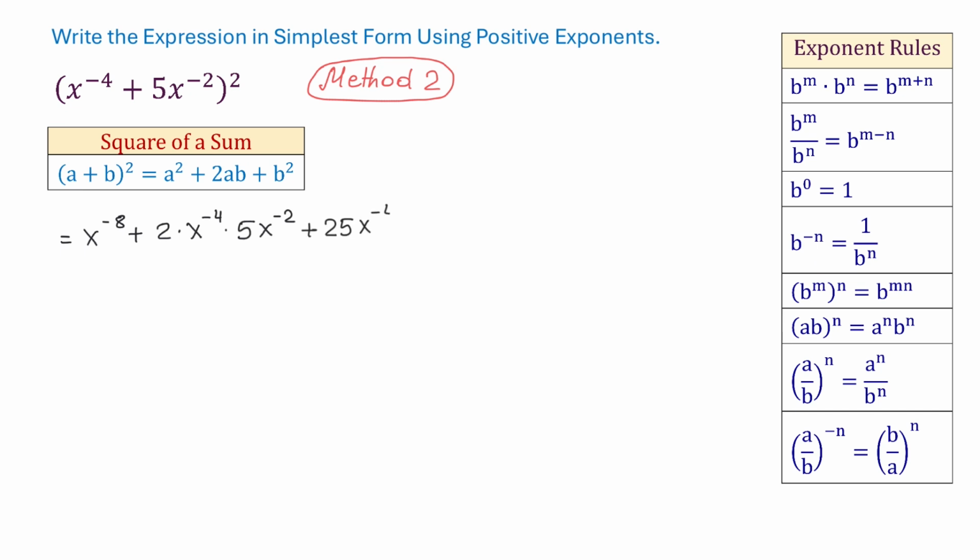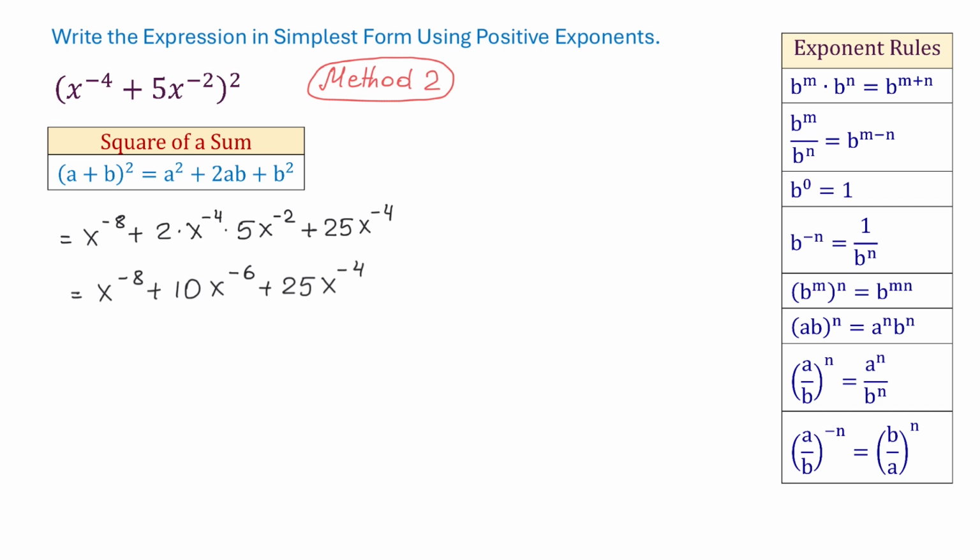Now, when we multiply these two x's, according to the product rule, we need to add the exponents. So then we will have x to the negative 8th power plus 2 times 5 is 10, x, and negative 4 plus negative 2 is negative 6, plus 25x to the negative 4th power.